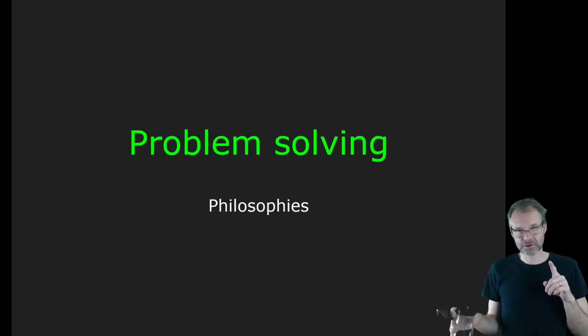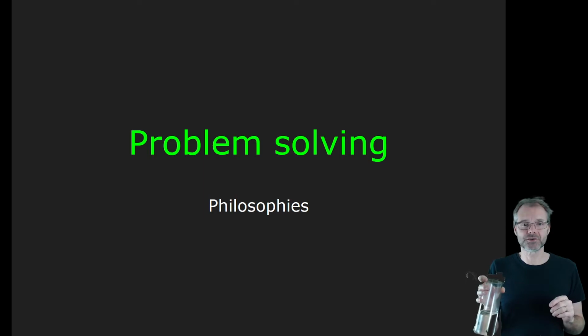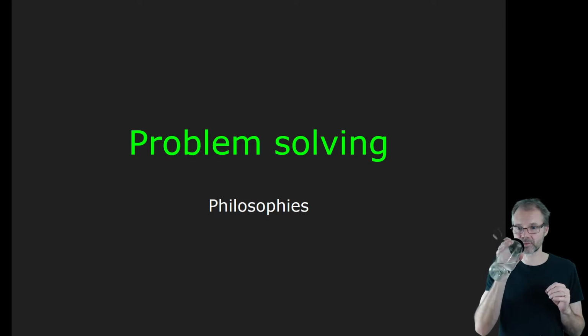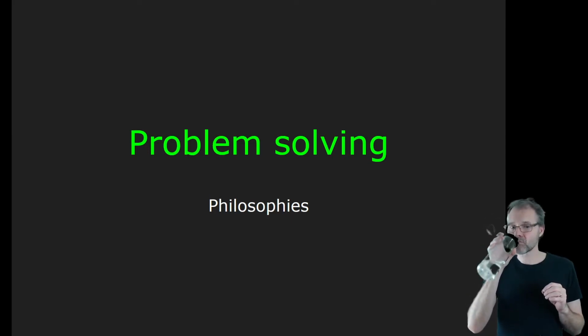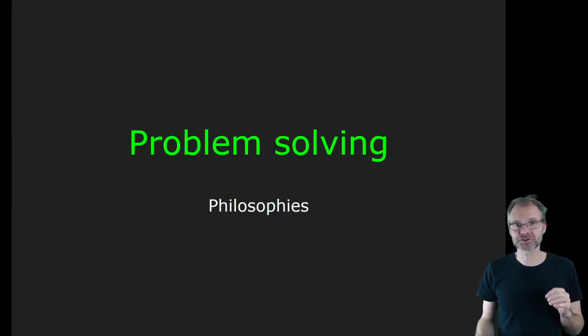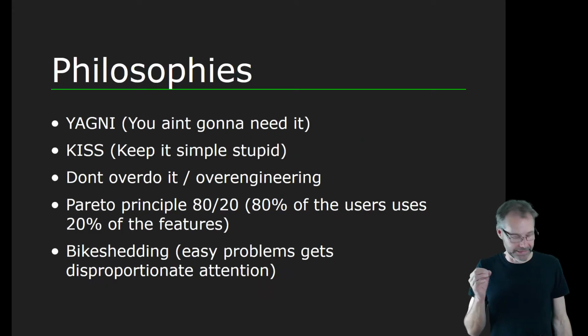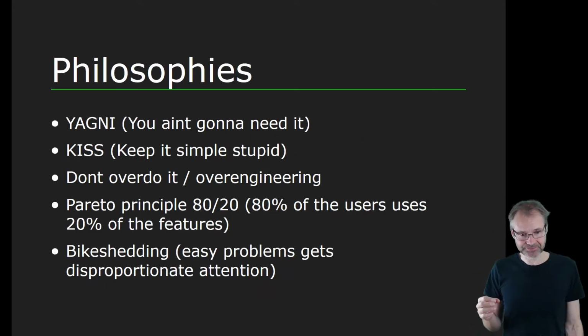Okay, so I'm soon gonna show you 1, 2, 3, like 4 different hard techniques that you can actually think about and use when you are solving problems. But first, let's stay with the philosophies here. This is basically some kind of software philosophy here.